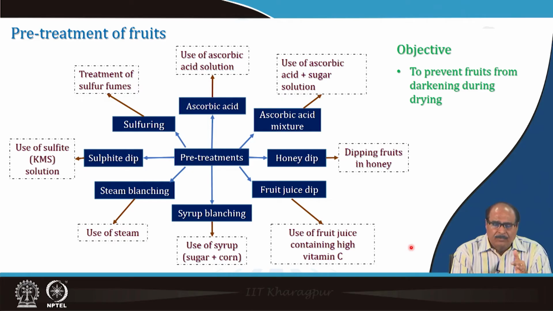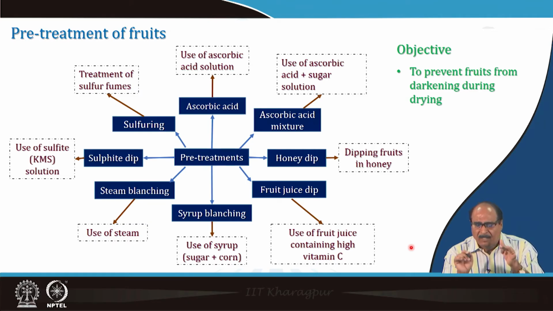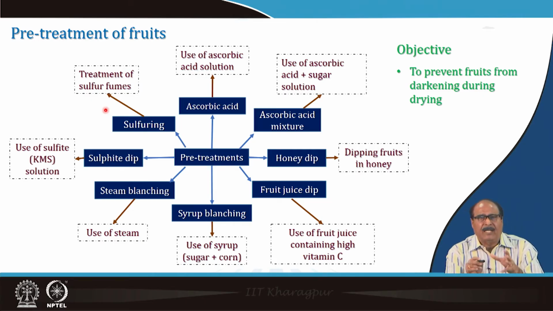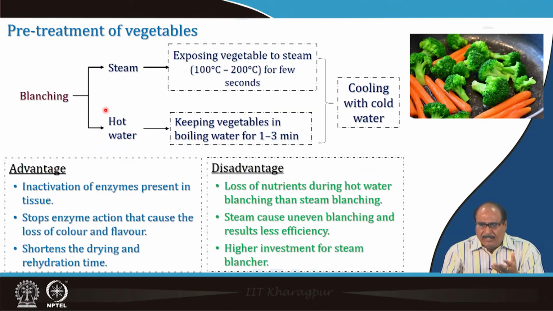In the case of fruit, various methods are used for pre-treating before it is put in the dryer: ascorbic acid solution, sugar solution, either dip or spray, dipping the fruits in honey or in fruit juices containing high vitamin content, using syrup, that is sugar and corn, or using steam, or sulfur dioxide solution, or treatment with sulfur fumes. So, these are the various pre-treatments given to fruits before drying, in order to get an appealing product color and to inactivate enzymes.